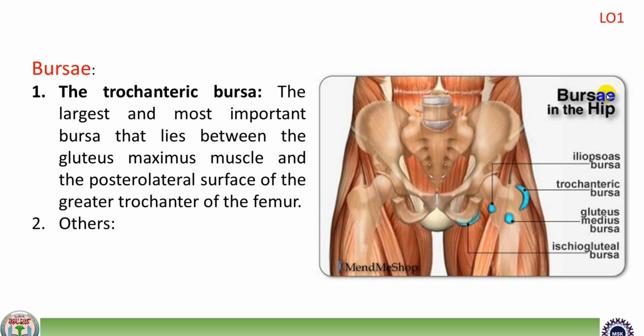And we said its benefit is to reduce friction. We have other bursae around the hip, but the largest and most important is the trochanteric bursa. The others include, for example, the bursa belonging to the iliopsoas muscle, the bursa belonging to the gluteus medius, and the bursa called the ischio-gluteal bursa. So we have other bursae.